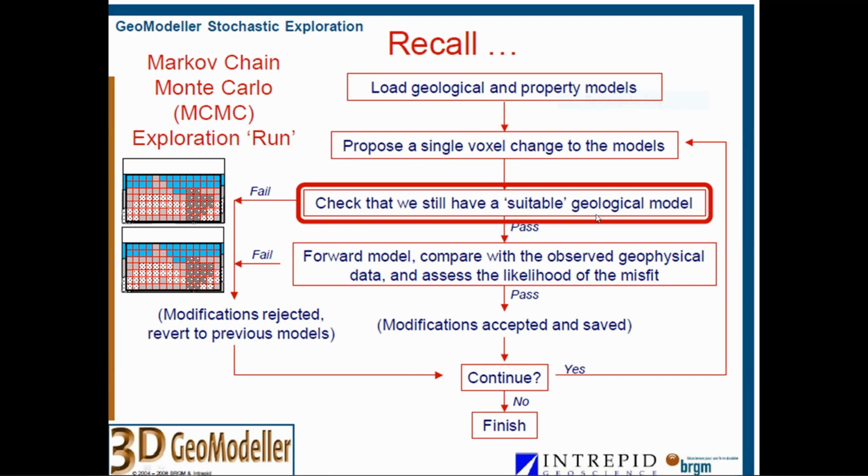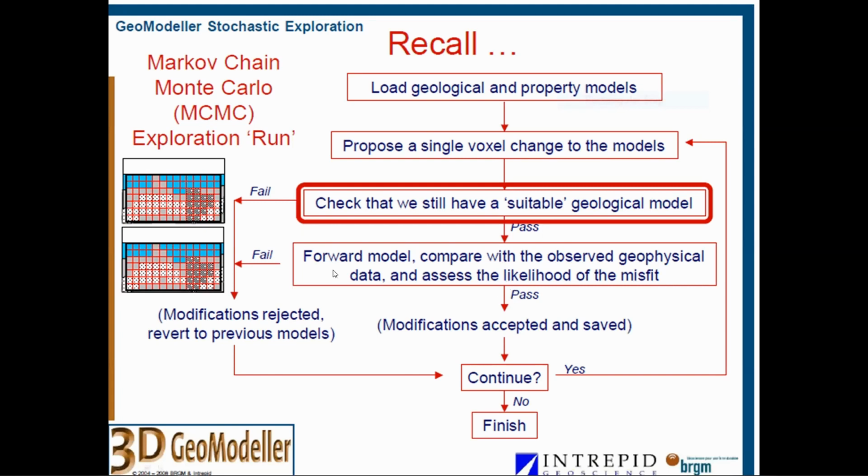Check that we still have a suitable geological model, that means it will pass the geological criteria that we have set. Then the forward model will be calculated and compared with the observed data, and the likelihood or misfit will be estimated.